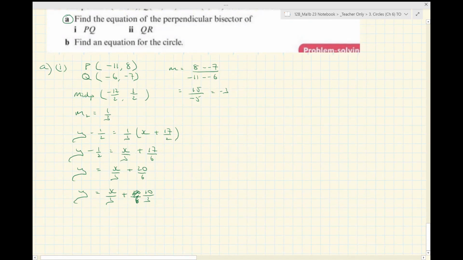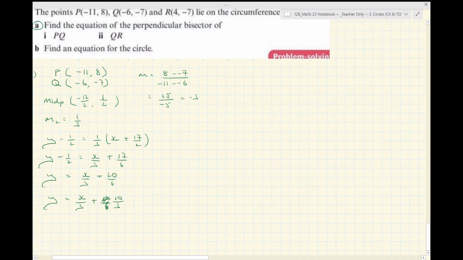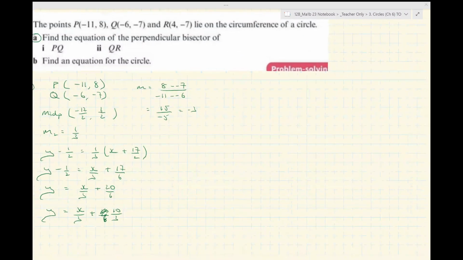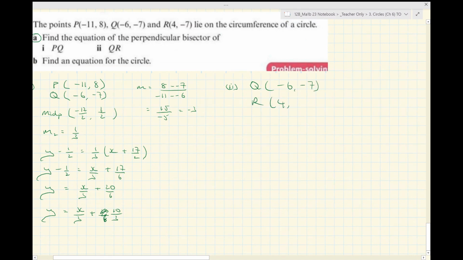Right, next, the perpendicular bisector of QR. Okay, well, let's start by writing down the coordinates of Q, minus 6, minus 7, and the coordinates of R, 4, minus 7. I know the perpendicular bisector is going to go through their midpoint.